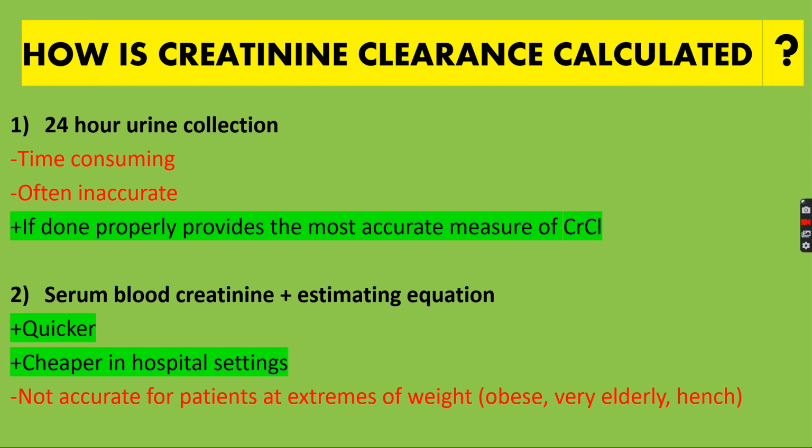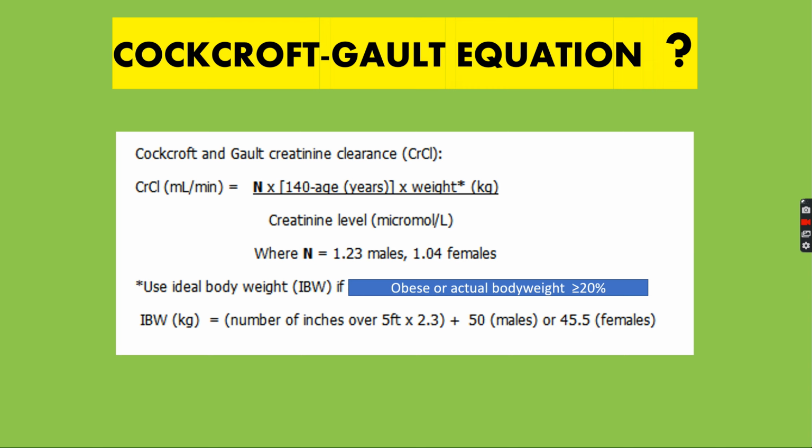It's also done through a serum blood creatinine sample, which is used with an estimating equation. We'll talk about it in the next slide. Advantages: quicker, cheaper in hospital settings. However, not accurate for patients at extremes of weight. For example, obese patients, elderly patients, and hench patients, so your bodybuilders, etc.